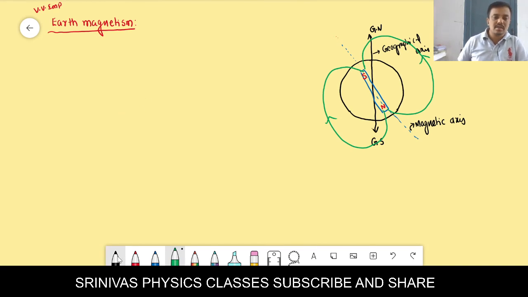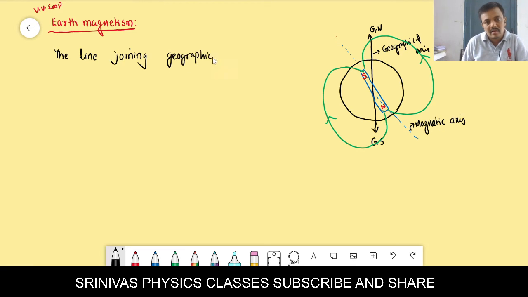Now let us see what the geographical axis is. The line joining the geographical north and south is called the geographical axis.